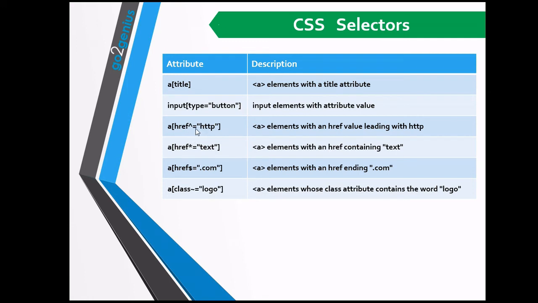So what's the meaning of this selector? It will select all anchor elements with an href value beginning with the text HTTP. Means this selector will select all the anchor elements with the href attribute when the href attribute value starts with the text HTTP.